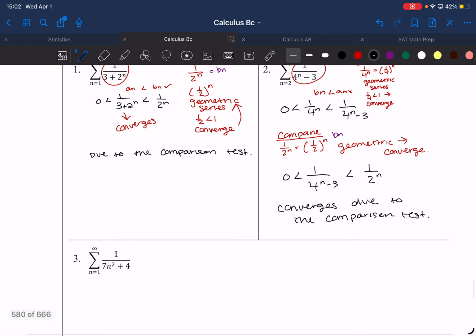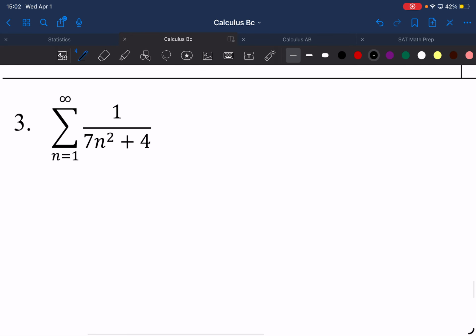Okay, let's look at number 3. So notice on number 3, now looking at our a sub n, would you say that this one is representing a geometric series? No, it's not representing a geometric series because we actually have a quadratic in the denominator.